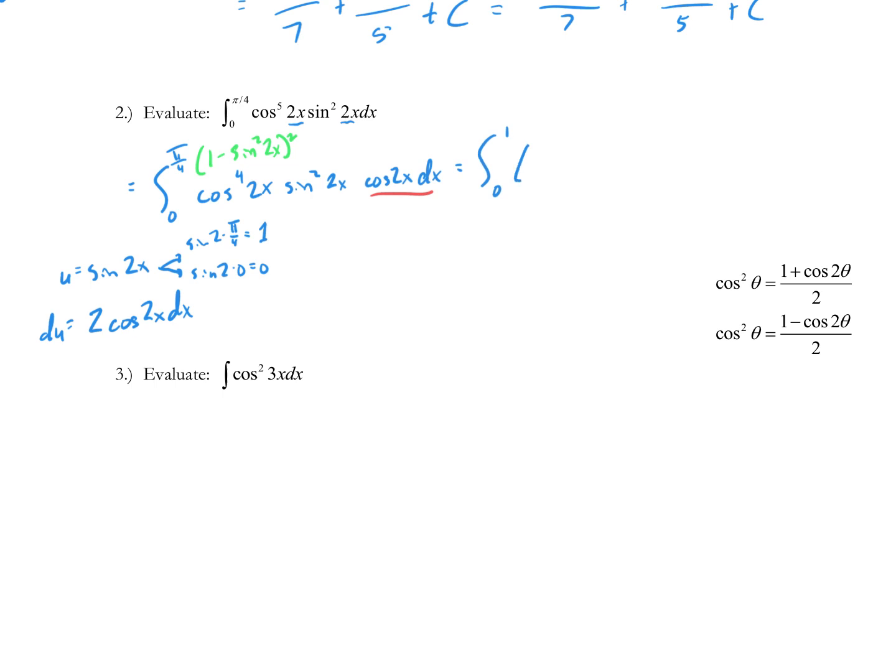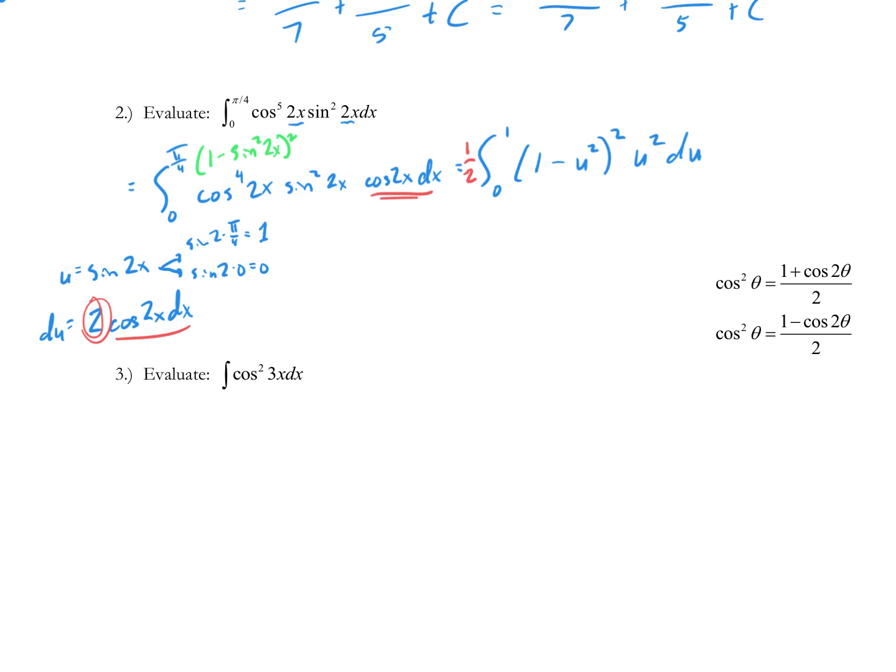And my 1 minus sine squared, squared, is 1 minus u squared, squared, times the next sine squared, that is u squared, and then du. Ooh, one thing I don't want to miss is that 2. This 2 right here gives me a factor of 1/2 out in front of the integral. Okay, and that's because cosine 2x is what I have underlined there in red.